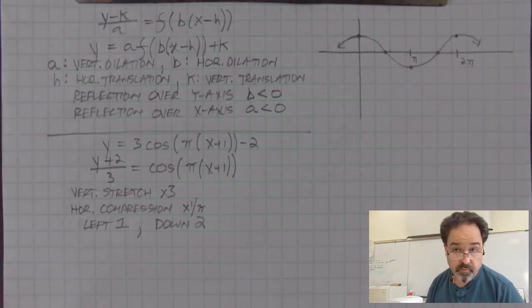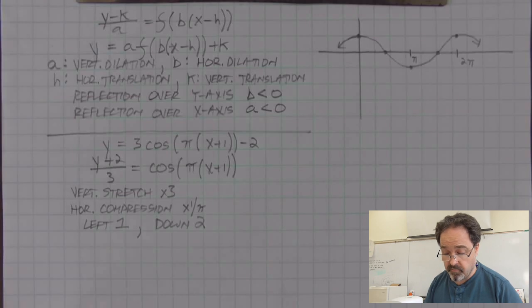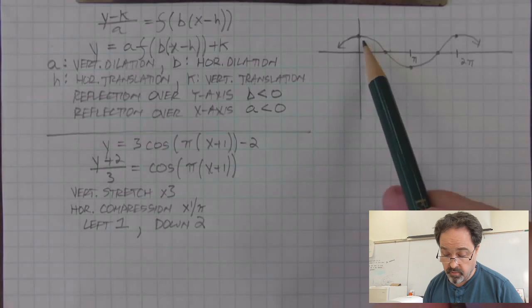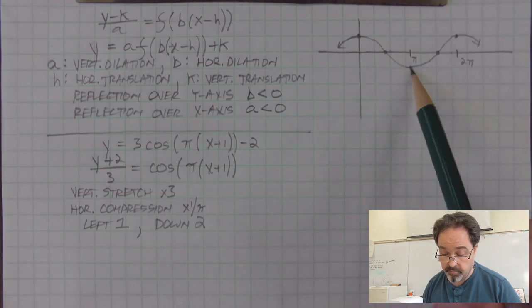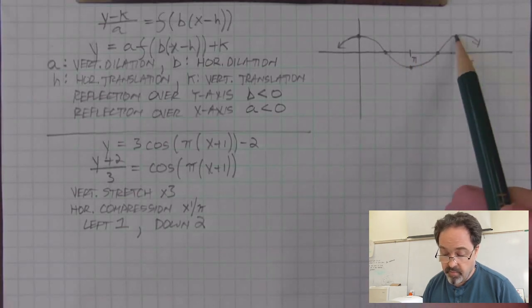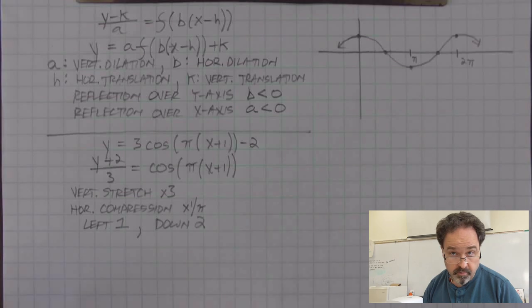When working with the transformation of trig functions, it's very helpful to think of the trig function in 5 important points. The 5 points that I have here are the maximum and minimum value of the sinusoidal wave, 2 intercepts, and then another maximum to show where it completes the period.